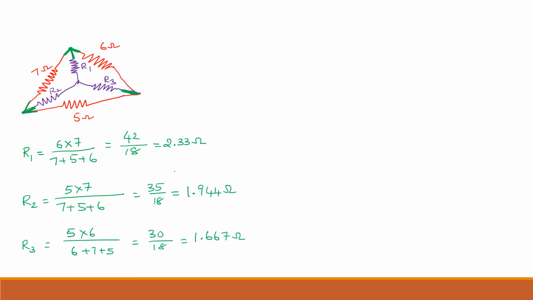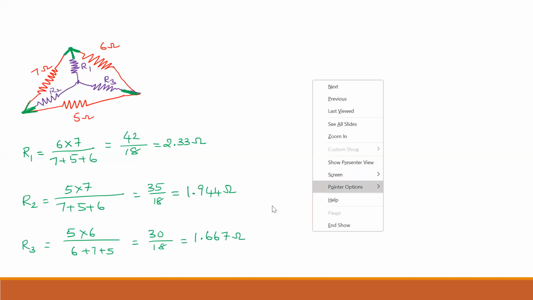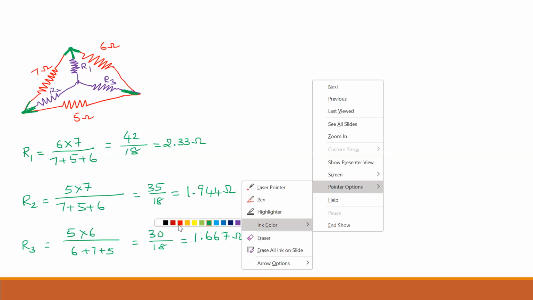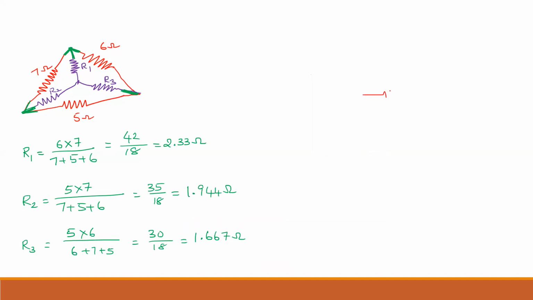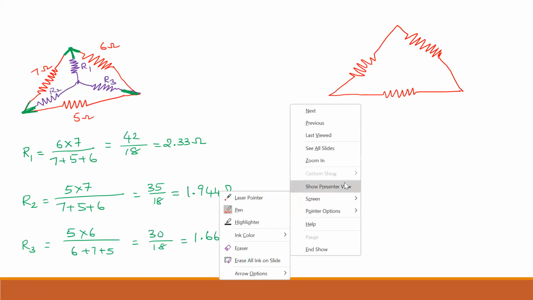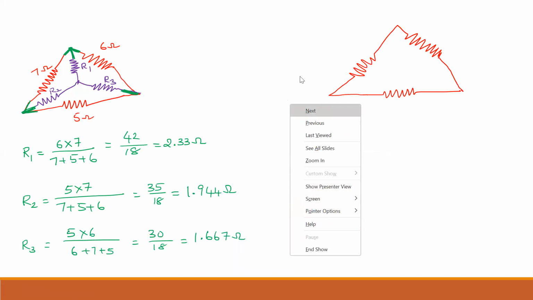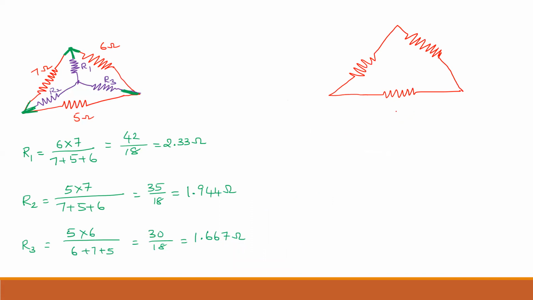Now we will come to the formula. How can we write the formula? Now I have a delta circuit, and the delta circuit parameters are, let us take, RA, RB and RC.